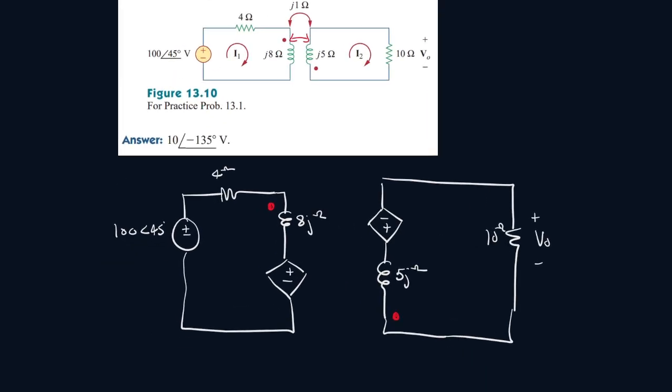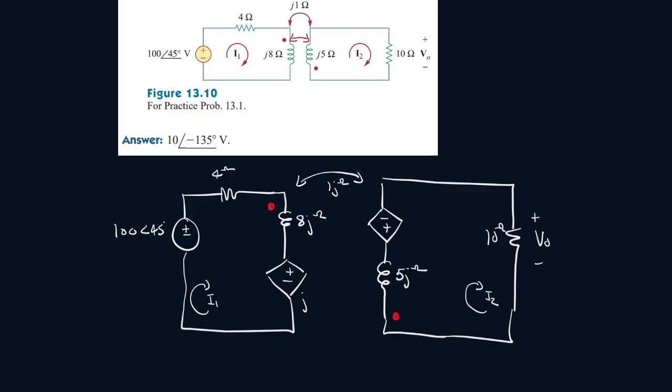Now we have to find out the values of these two dependent sources. We know there's a mutual inductance of 1j ohms. Let's also do a mesh. Let's call the current here I1 and the current here I2. The value of this will be the mutual inductance, which is j, times the current entering this port.